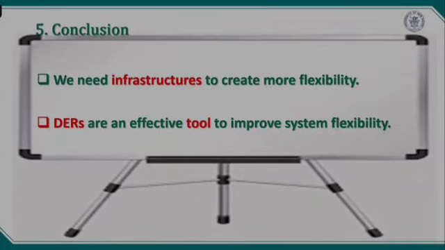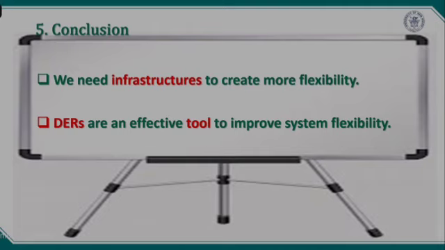The third conclusion is we need infrastructures to create more flexibility, which means from a local point of view, it is possible to discuss flexible distributed energy resources, but its application and its usage is possible only if you have suitable infrastructures for them.